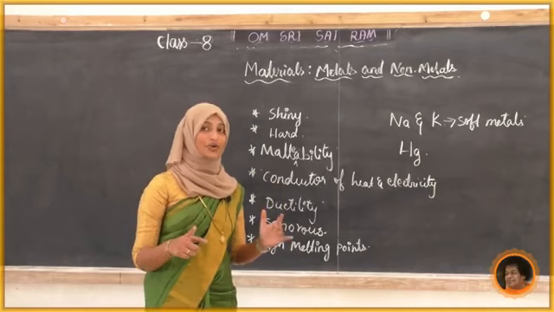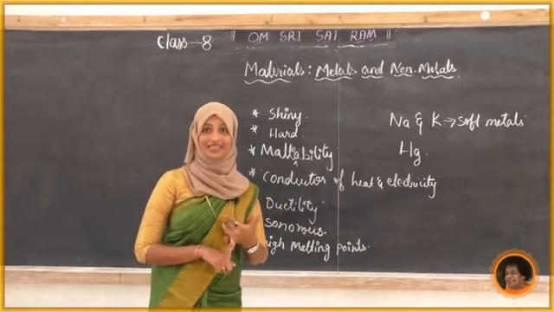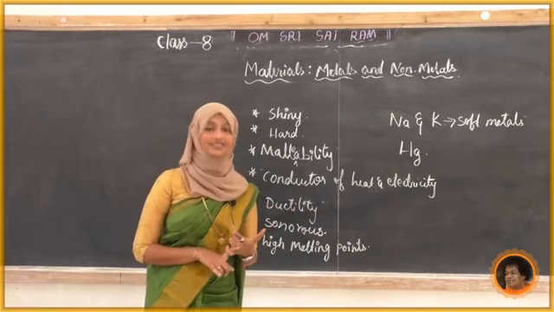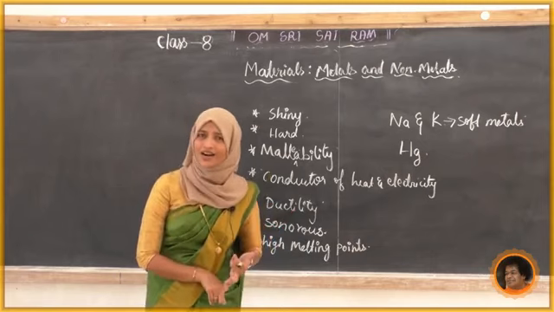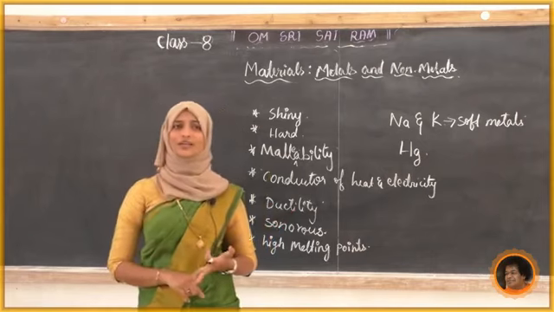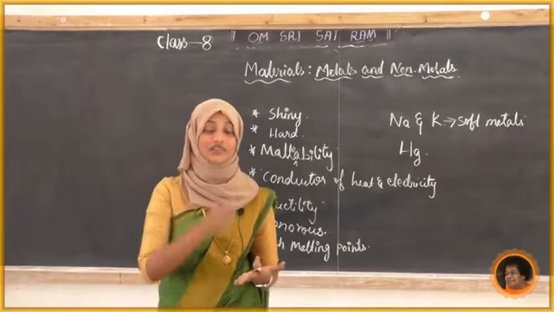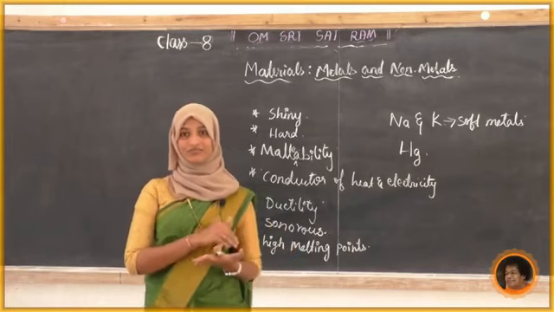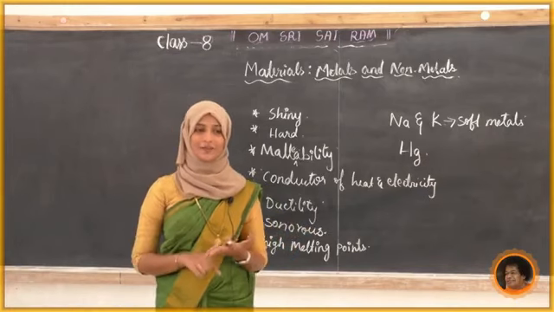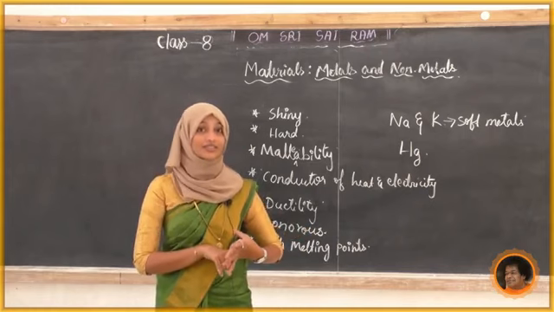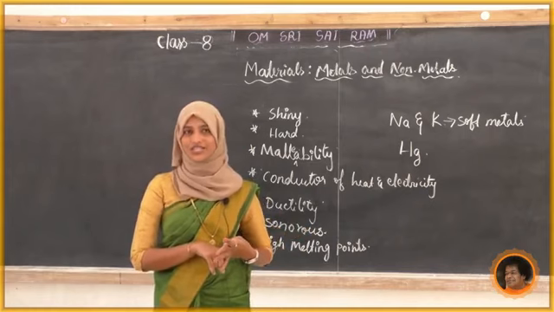So the first property is they are very shiny, that is lustrous. Lustrous property it has. They are very hard. Upon that, third property, what? Malleability. We can beat them into a sheet. Yes. Fourth property, they are very good conductors of heat and electricity.